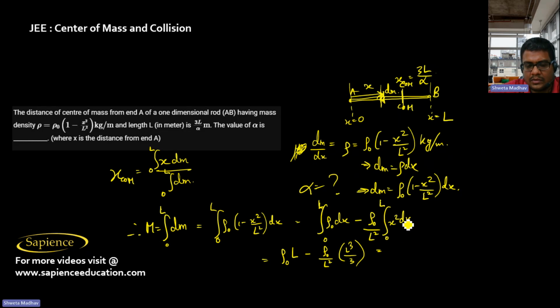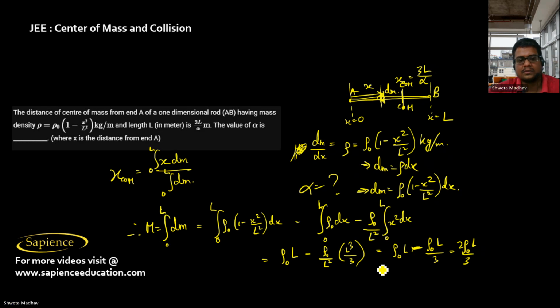So rho naught L minus rho naught L by 3, which is 2 rho naught L by 3. Rho naught L into 1 minus 1 by 3, that is 2 by 3. So the mass of the rod is 2 rho naught L by 3.